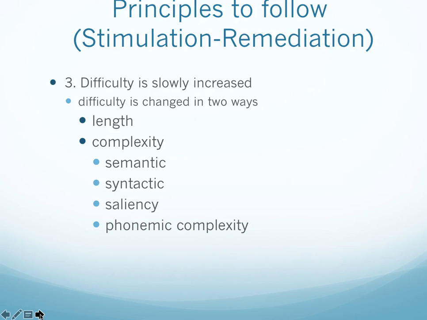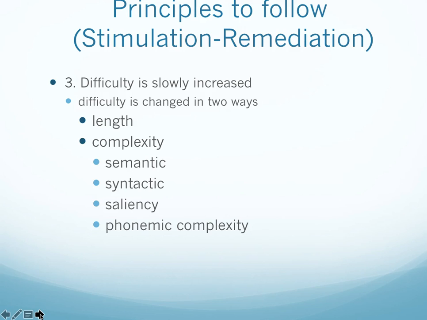Next, difficulty is slowly increased. We're going to slowly increase the length of the things that we ask them to do, moving from word to sentence to connected sentence, for example, and the complexity. I talked a little bit in my example about not putting key by car, because there's a semantic interference of car key, and there's a phonemic interference of ka and ka in the production of those words.